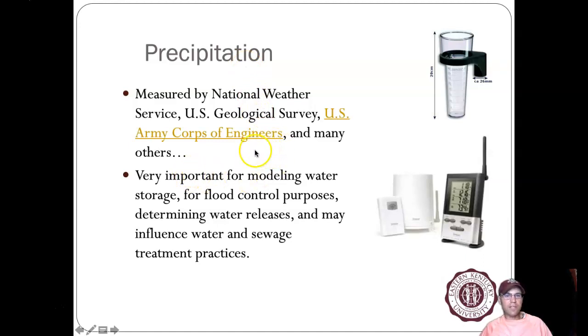So all these agencies have responsibilities for helping our nation model water for agriculture and irrigation, for navigation and transportation, for flood control, and for managing water releases so that we can have water for drinking water treatment as well as wastewater treatment, and water to support aquatic life.